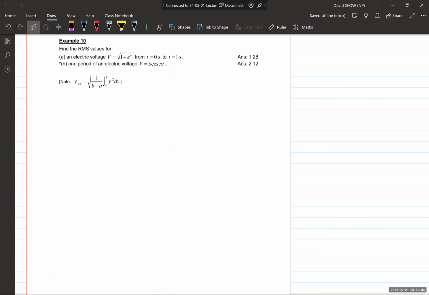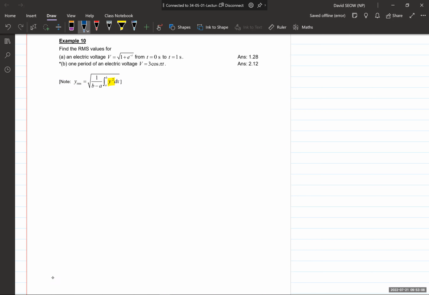Okay, so let's do this. First thing first, there's a y square. Normally I will do the y square first. What's the y square value?